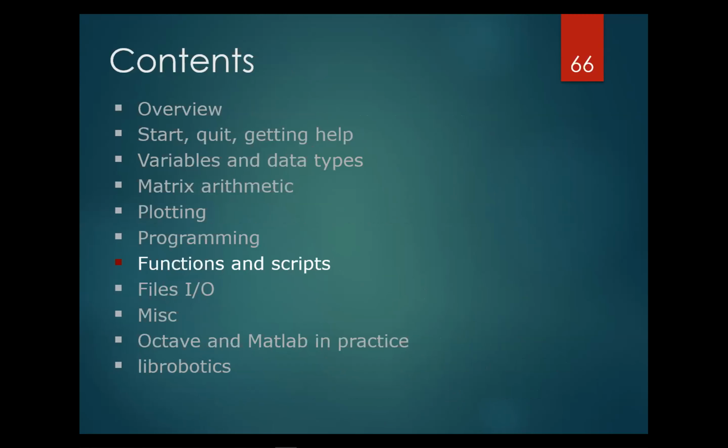Now we move on to functions and scripts. Let me talk about them before I give a general overview. A script is the main coding that you'll be doing in the M file. And functions are aspects of the code that accept arguments and return a value or an array, let's say a matrix or a vector.